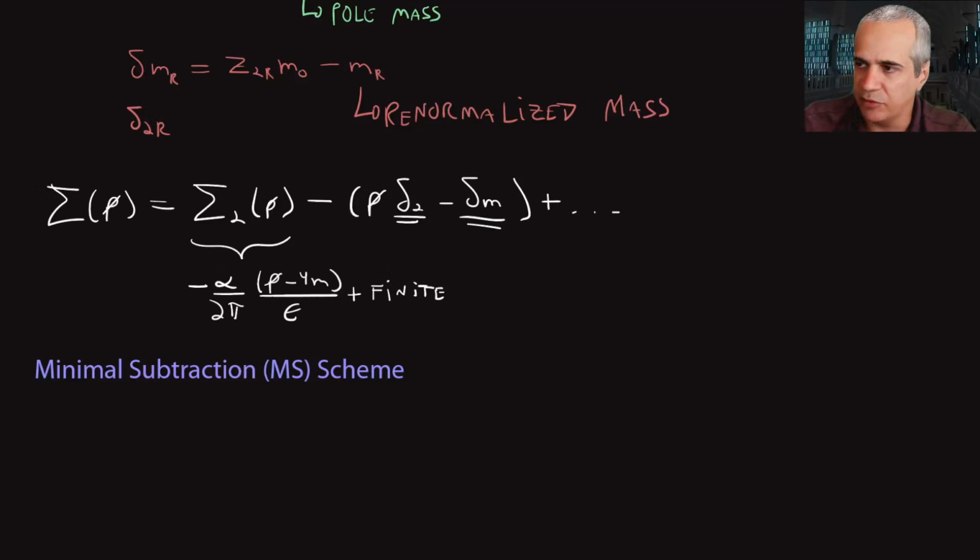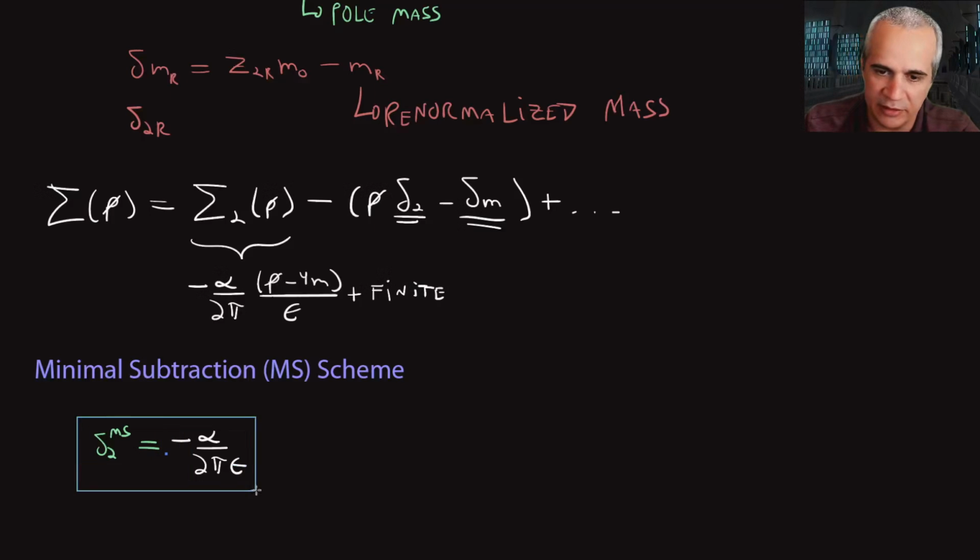And I just have to say that delta 2 in the MS scheme is just minus alpha over 2 pi epsilon, because p slash is here and here. You see, I'm just solving this equation so that only the finite part is left. So that defines delta 2.